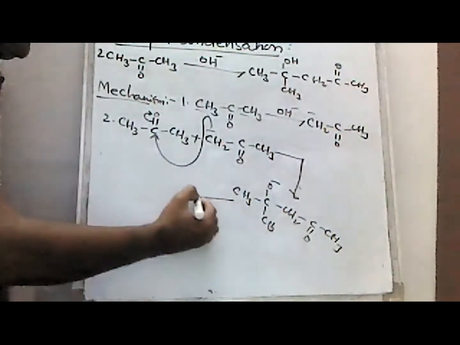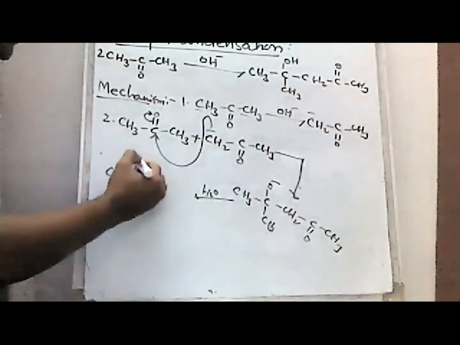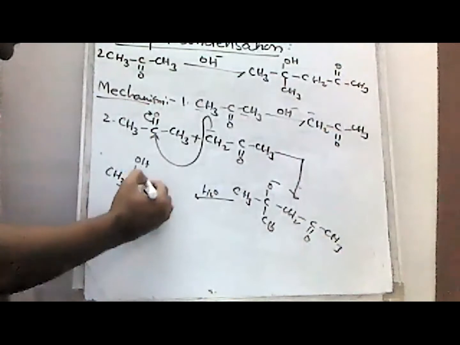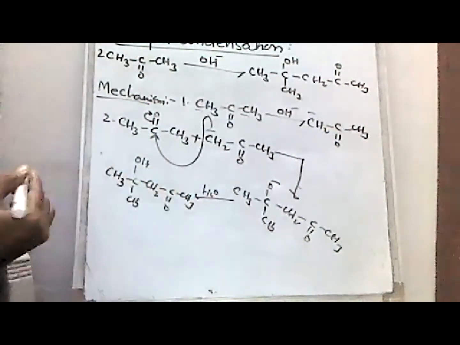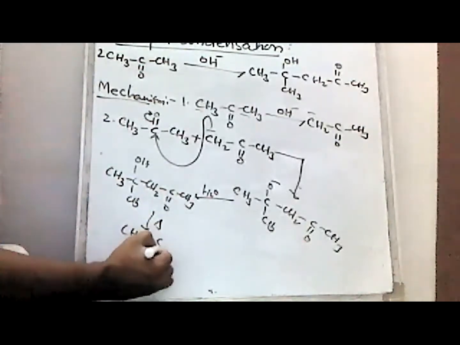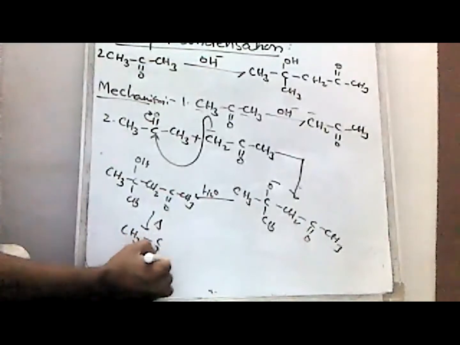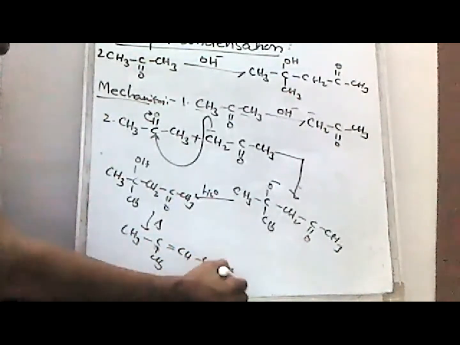Then the next step is hydrolysis. Then CH3, OH, CH3, CH2, C double bond CH. On further heating, it forms the condensation product. So this is regarding aldol condensation.